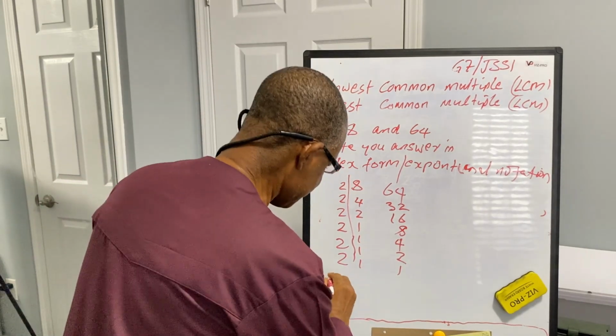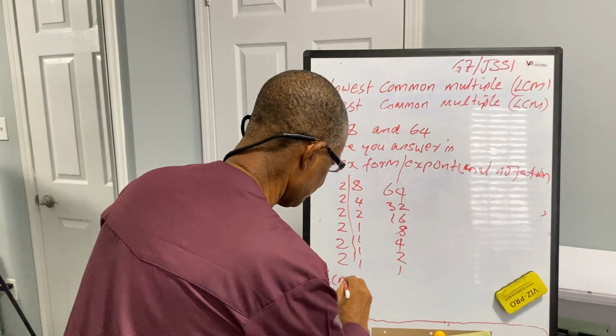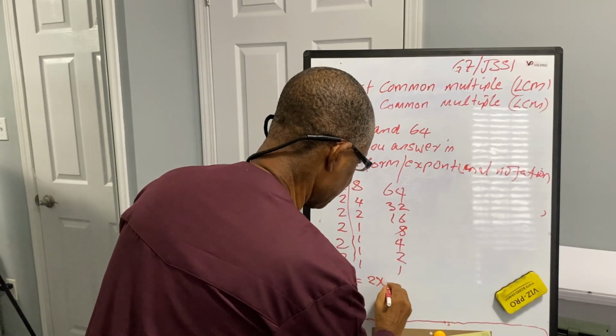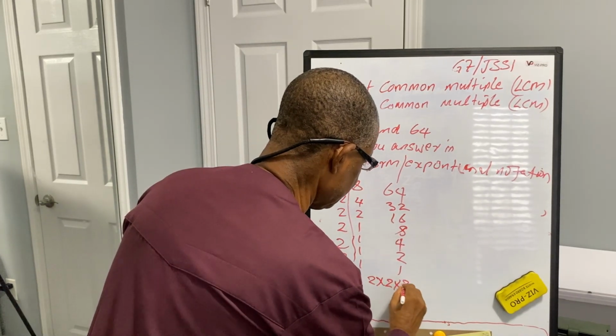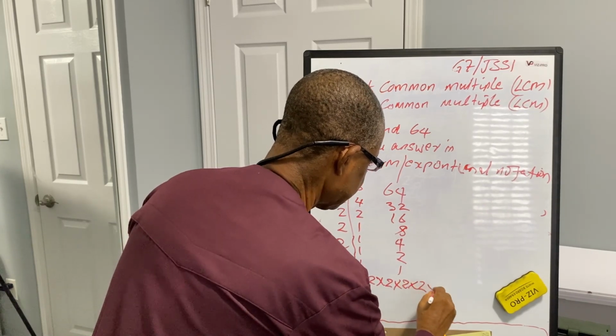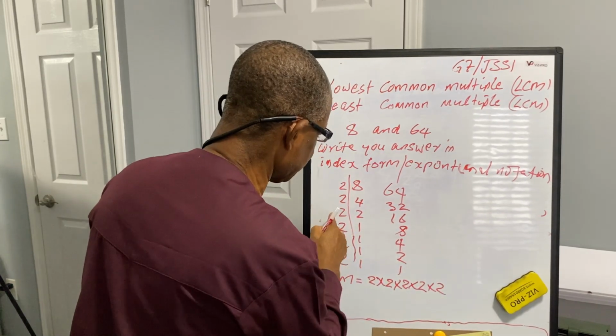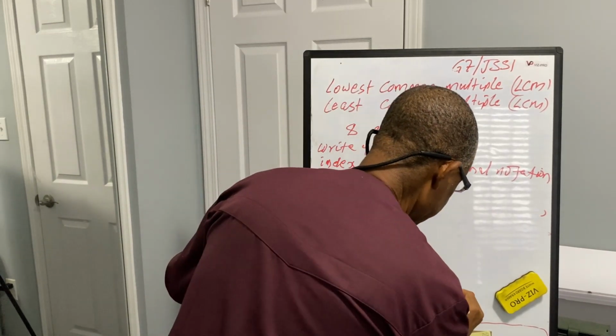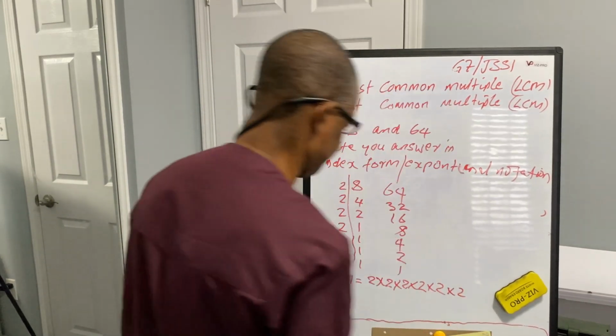So our LCM is equal to 2 times 2 times 2 times 2 times 2. We have 1, 2, 3, 4, 5, 6. Remain 1 times 2.